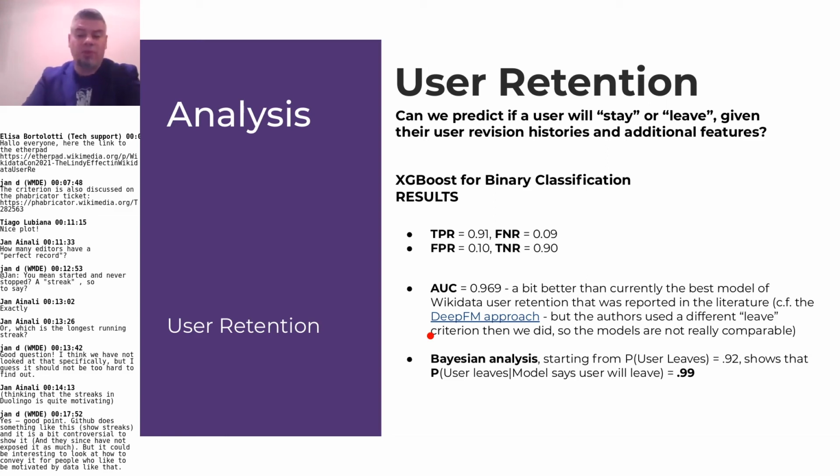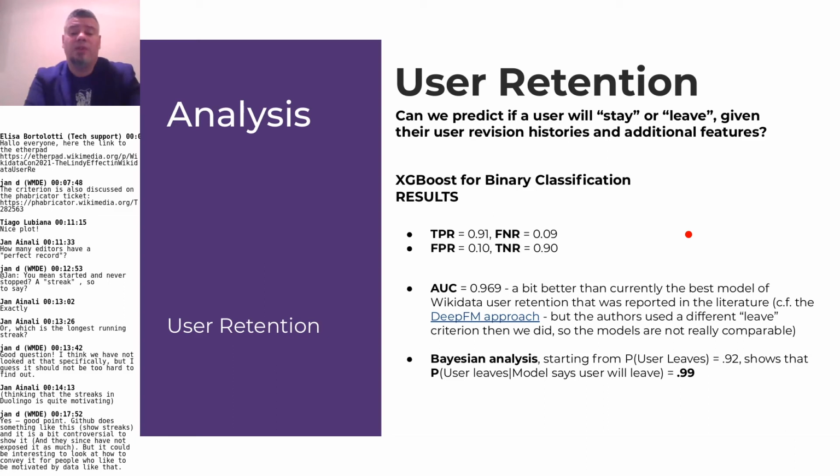And probably the most important finding is this: if you remember, in the beginning I explained that there is a 0.92 probability that somebody will leave Wikidata. That's a population number, of course, when you take a look at all the users who ever registered with us.